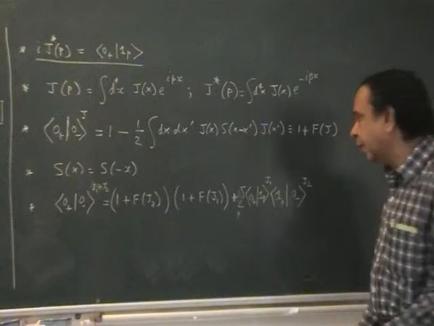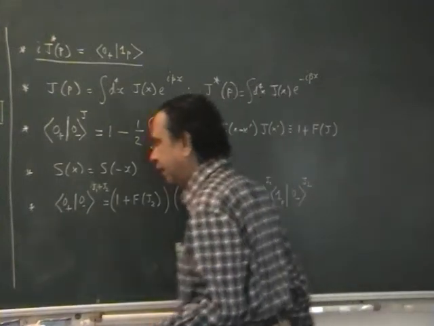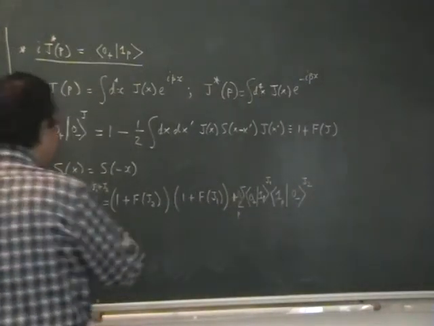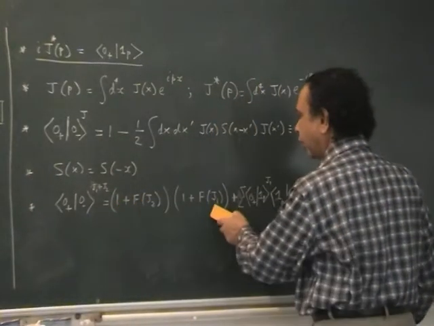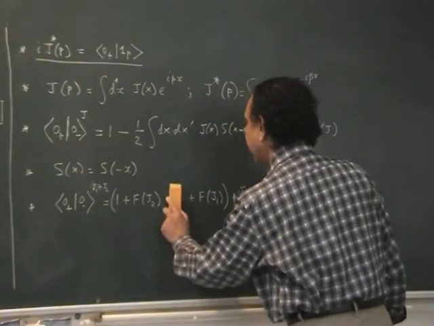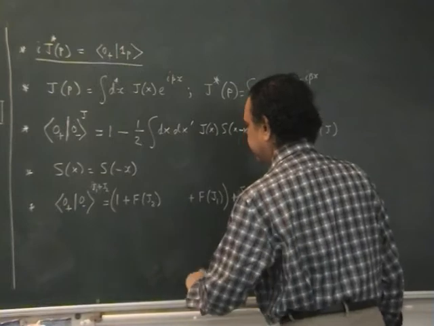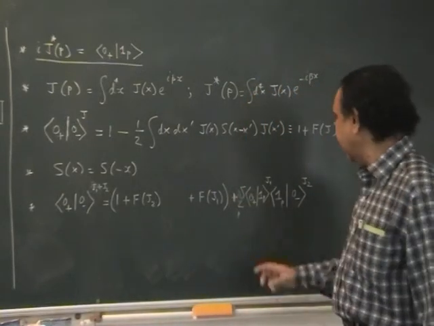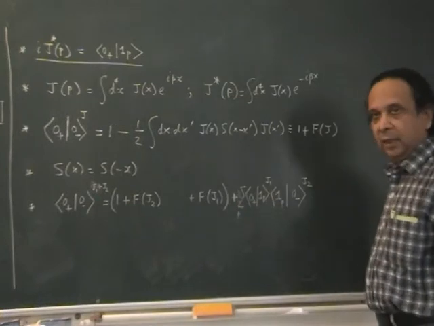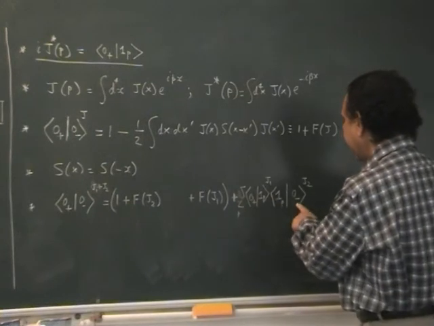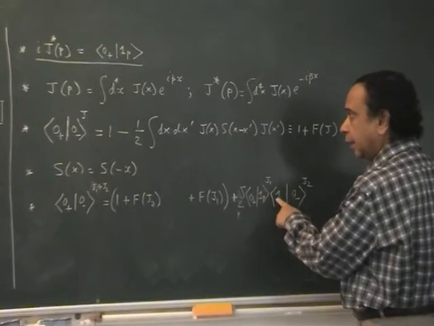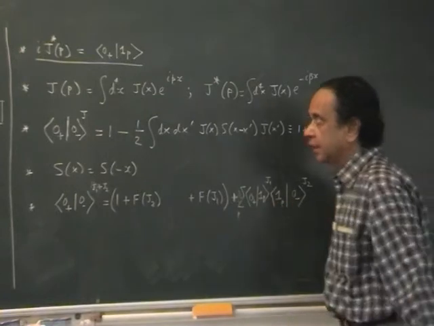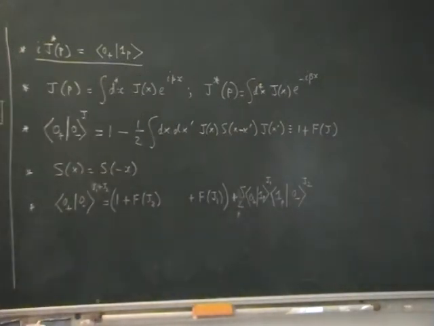So what is this? This can be written fairly easily because first of all we are working at the lowest order. So the only terms which I want to retain are these. It is just 1 plus f of J2 and f of J1. Then you have this extra term. In this extra term, we are talking about from no particle state to a one particle state. That is what we started with.